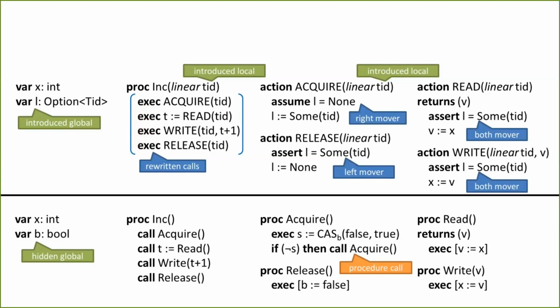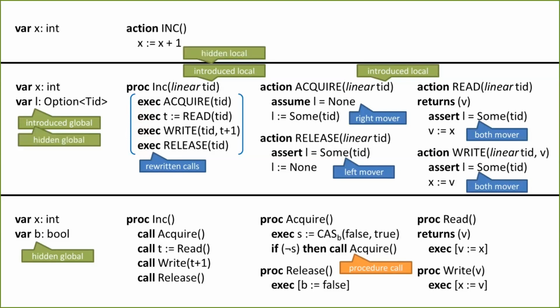This means that we can now summarize the procedure increment by just applying sequential reasoning and determining that the net effect of acquiring, reading, writing, and releasing equals just incrementing the shared variable x by 1.